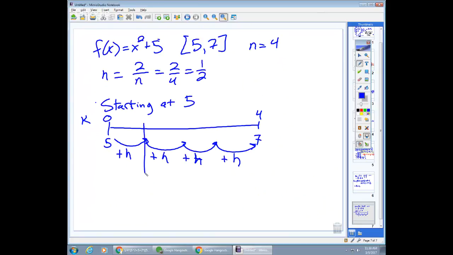So this first point right there, that would be x sub 1, right? That's going to be 5 plus whatever h is. And this second one here, that would be x sub 2, right? Wouldn't that be 5 plus 2 h's?